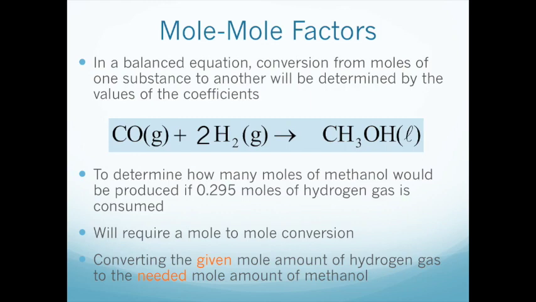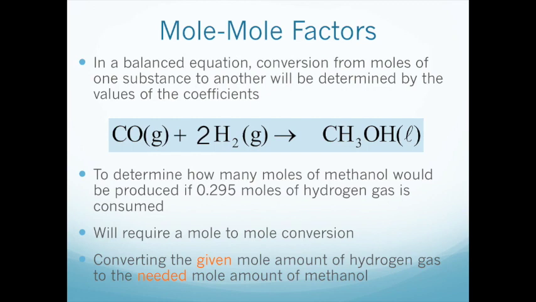So, in order to make predictions about the quantities required for these chemical reactions, you must take into account the idea of converting from moles of one substance to moles of another substance. This is determined by the values of the coefficients.